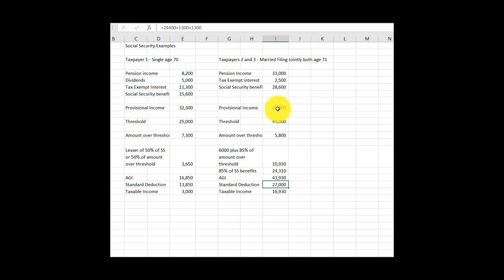It comes with the instructions to the 1040. But it does not get submitted or sent to the IRS. So that's how Social Security should work out. Again, one of the more complicated ways of dealing with a tax situation, because of the two thresholds and the different percentages.